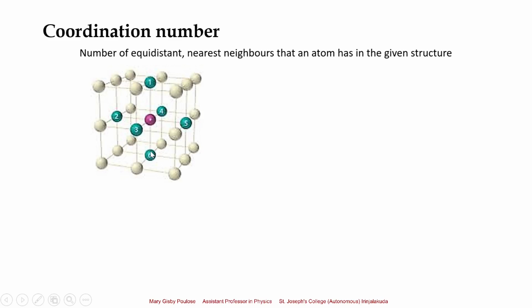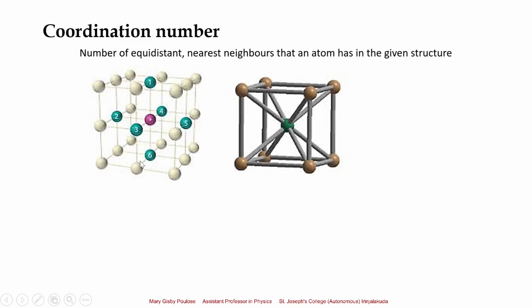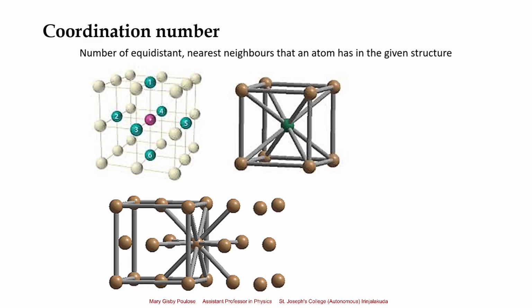So the coordination number of this simple cubic unit cell is 6. For the body-centered cubic cell, the coordination number is 1, 2, 3, 4, 5, 6, 7, 8.